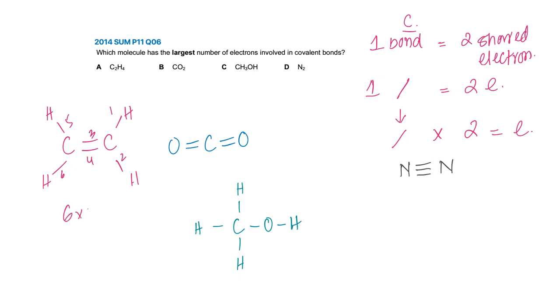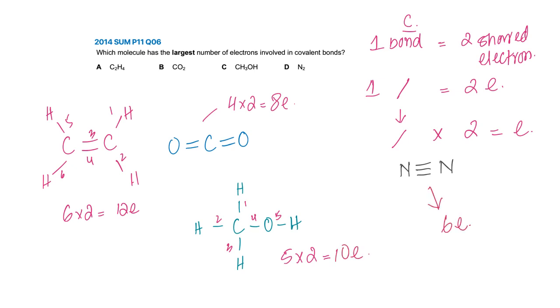So we have 6 times 2, 12 electrons. Over here we have 4 times 2, 8 electrons. Over here 1, 2, 3, 4, 5. We have 5 times 2, 10 electrons. Over here we have 6 electrons, because 2 each for 3 bonds.